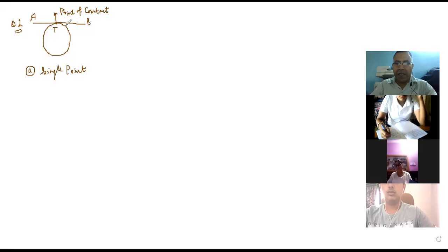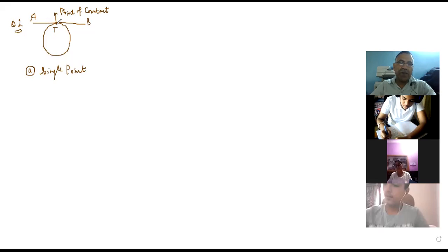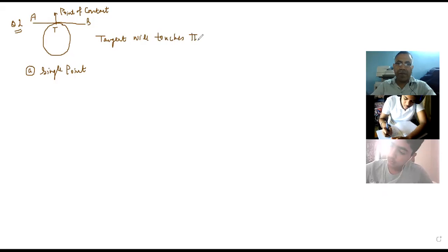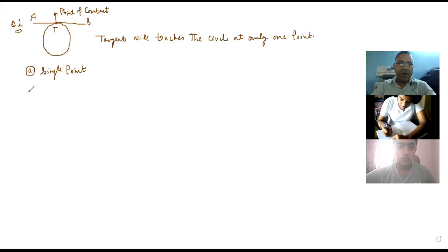If there is only a single point of contact, that means the tangent touches the circle at only one point.